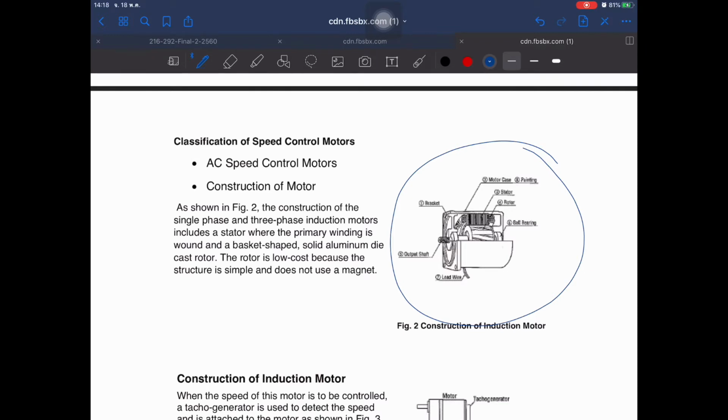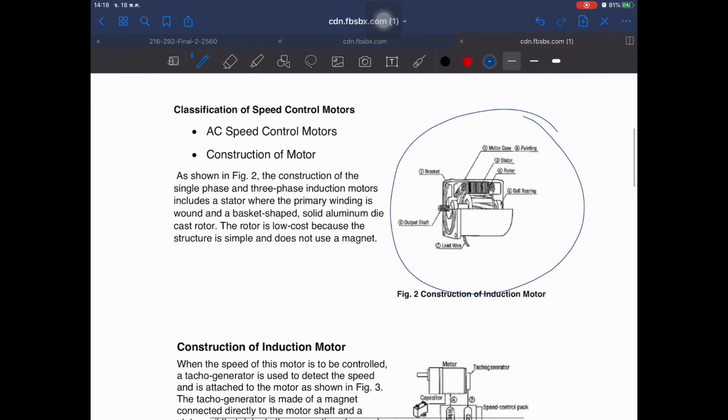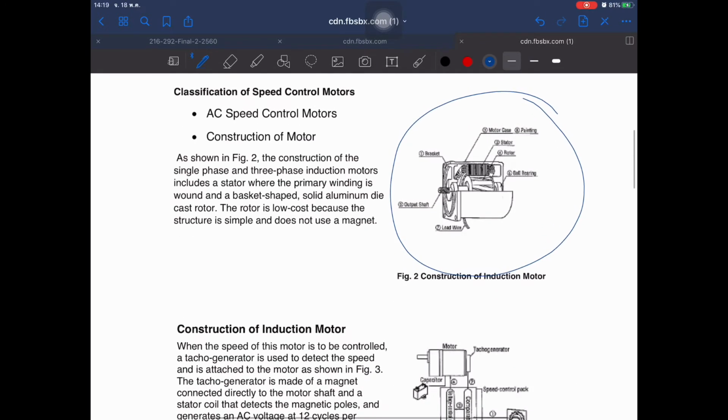Induction motor includes a stator where the primary winding is wound and a basket-shaped solid aluminum die-cast rotor. The rotor is low cost because the structure is simple and does not use a magnet.